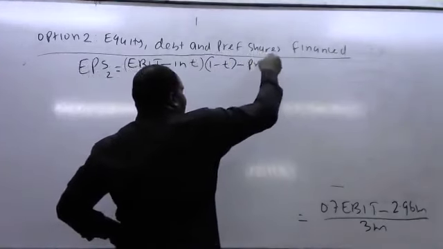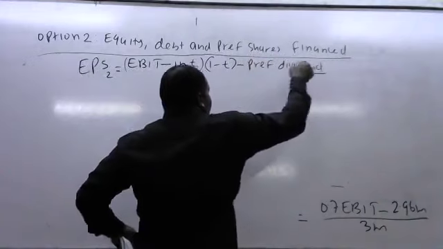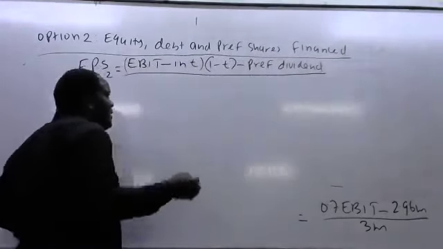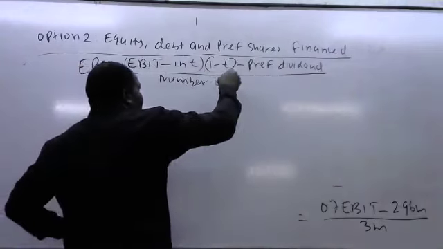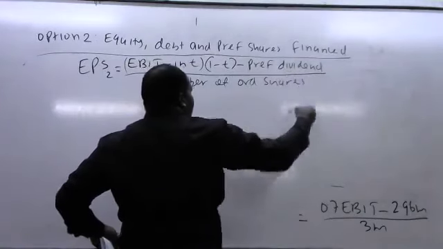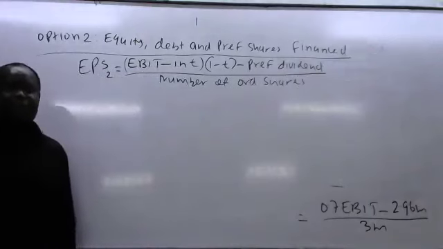We minus the preference dividends. We divide by the number of the ordinary shares.